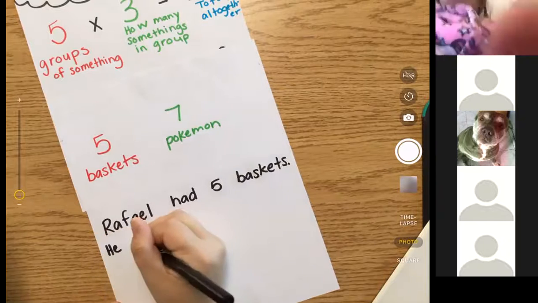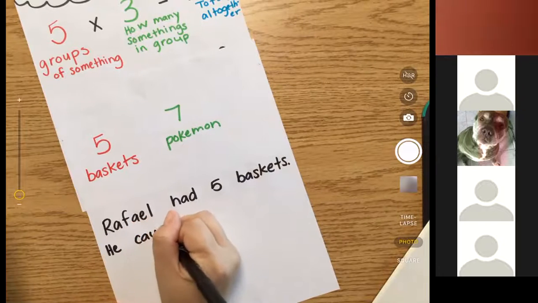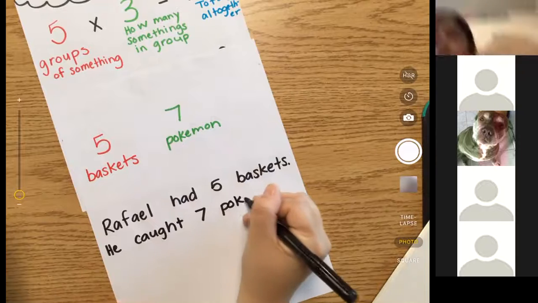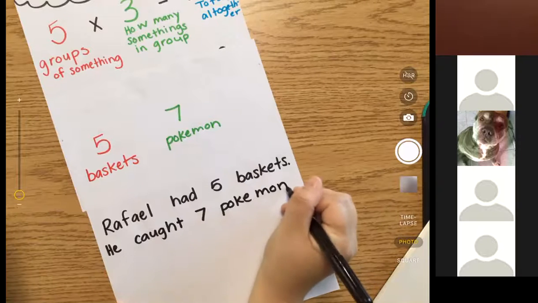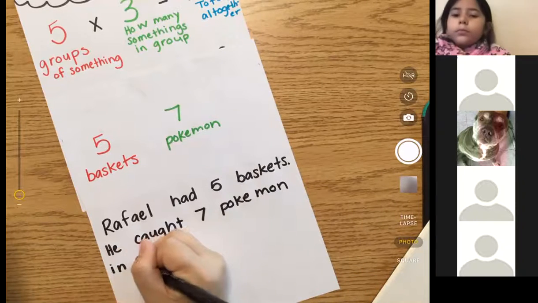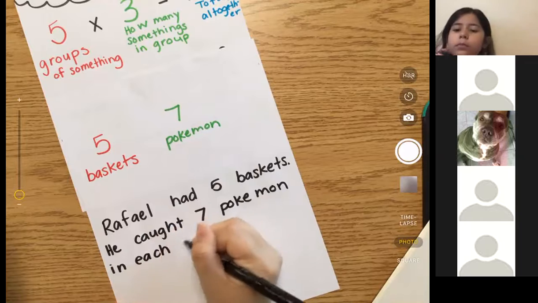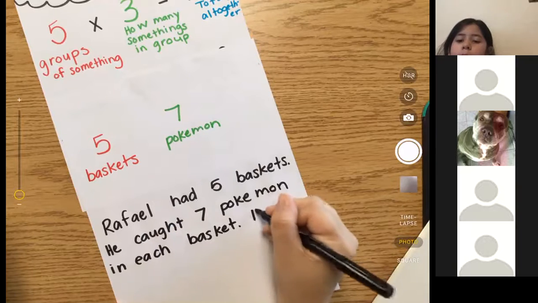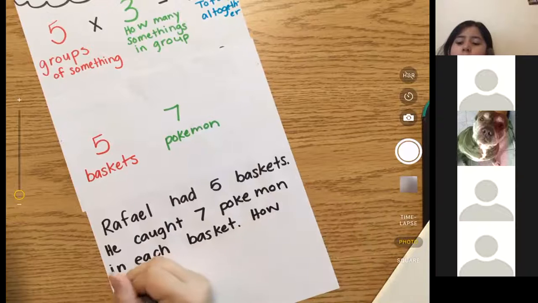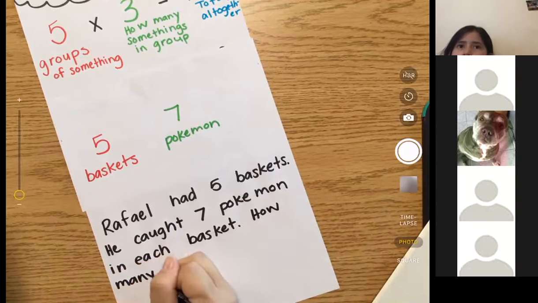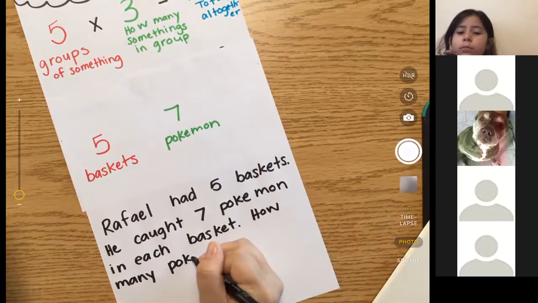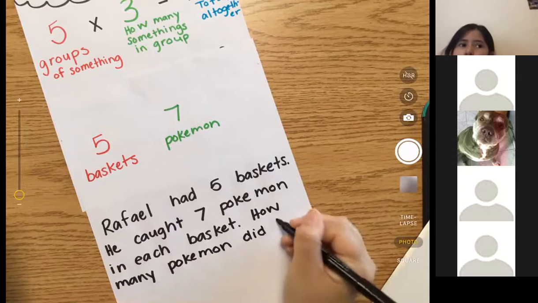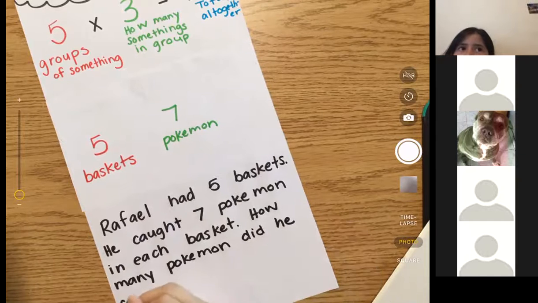He caught 7 Pokemon in each basket. How many Pokemon did he catch?